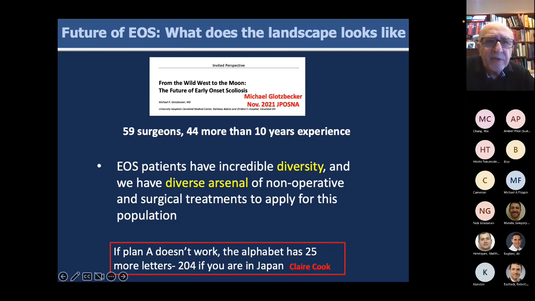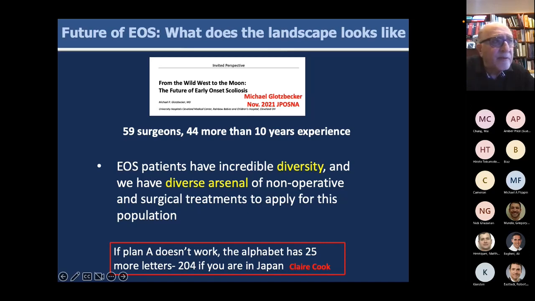He surveyed 59 surgeons, 44 with more than 10 years experience, and again came up with the US having the incredible diversity, and we have a diverse arsenal of non-operative and operative treatment for treating this population.